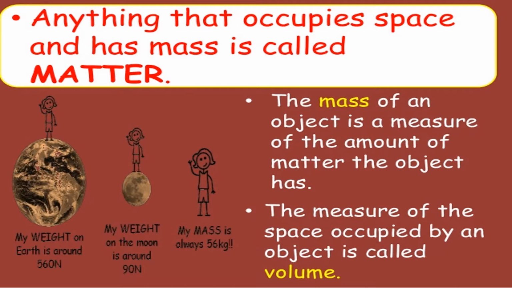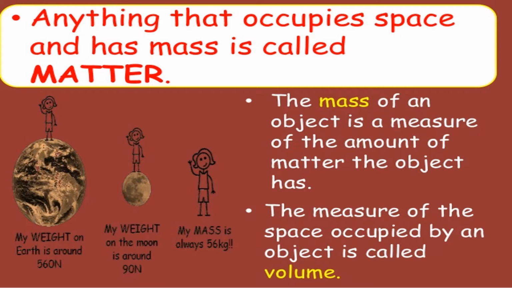So again, the mass of an object is a measure of the amount of matter the object has. It does not mean that your weight is equivalent to the mass. So definitely you are wrong. The mass of an object is a measure of the amount of matter the object has.